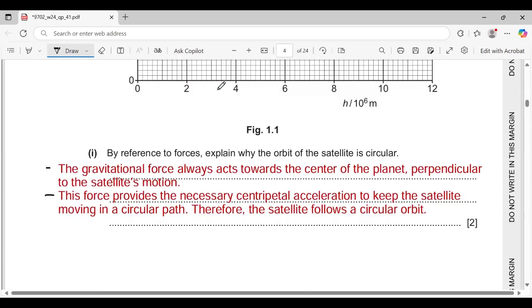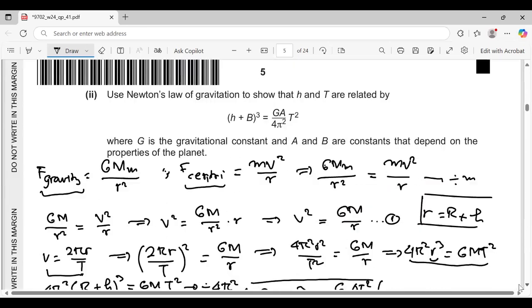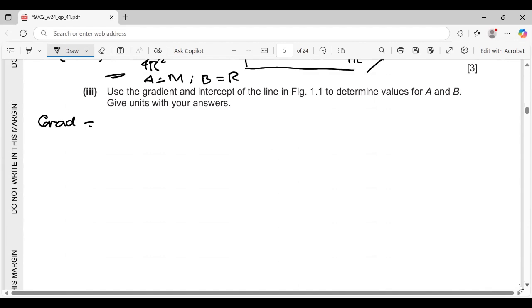This is the horizontal axis, times 10 power 6. The gradient equal 1280 minus 360 over 12 times 10 power 6.